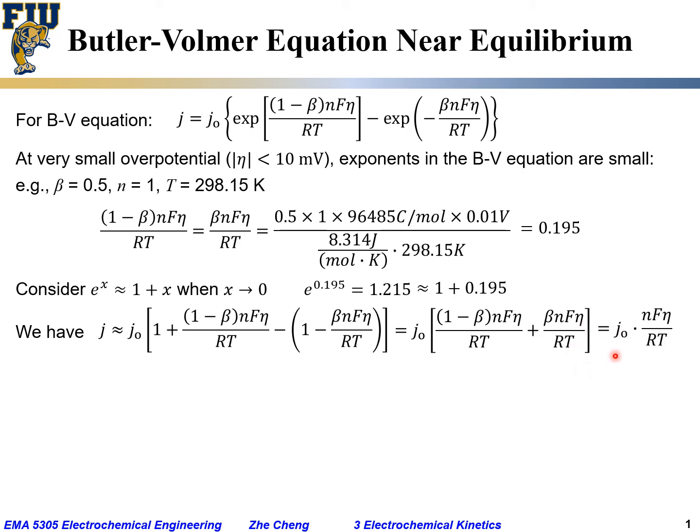We would end up with J0 just times NF eta divided by RT.